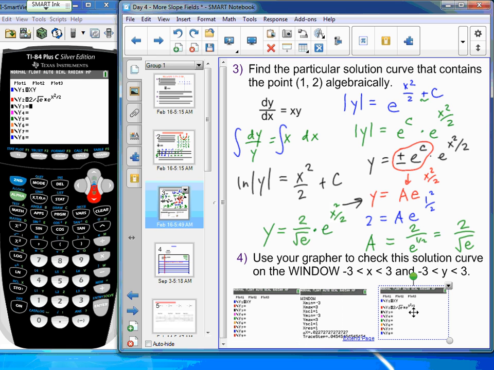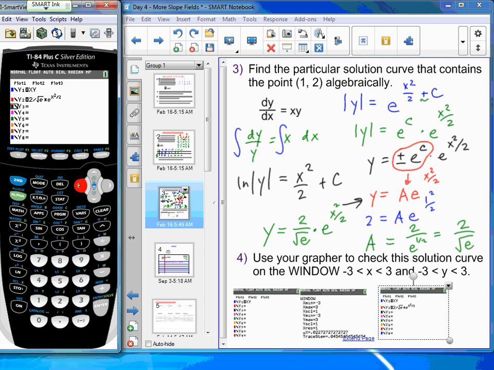That's in your y2. I'm going to change the line style so it's fatter. I want to change it to thick. I changed mine to thick so that I can see it.